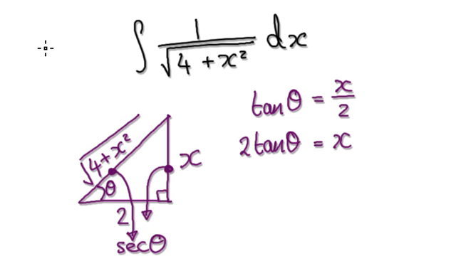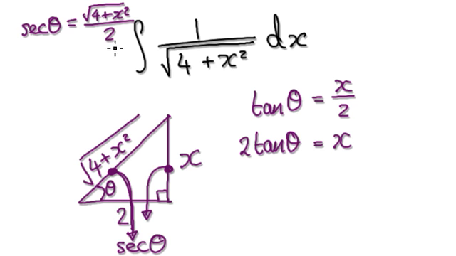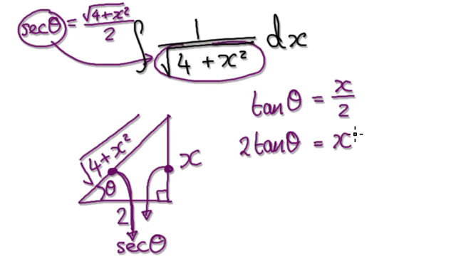So you can say that secant of theta equals the hypotenuse, which is the square root of 4 plus x squared, divided by the adjacent, which is 2. So that will then give you this, and then later on we can use this and substitute it into here, and then we still need the dx, but remember we said let x be this thing here.